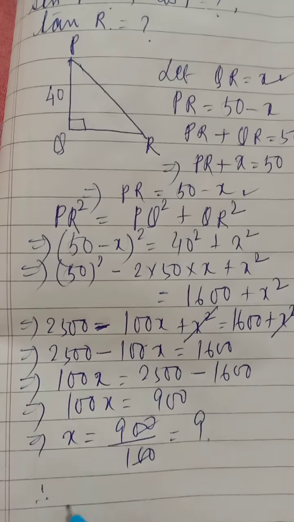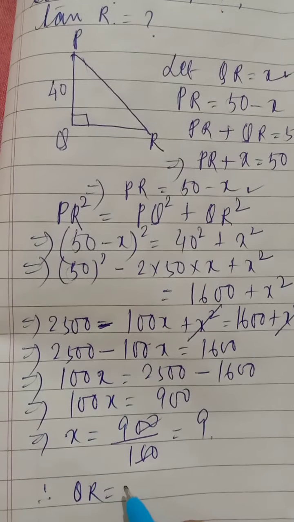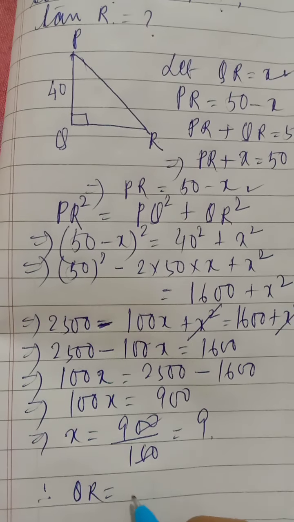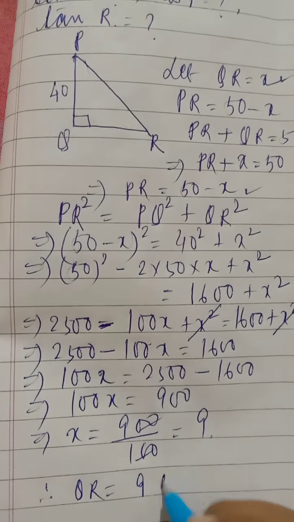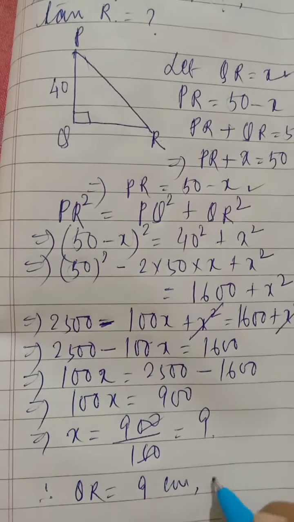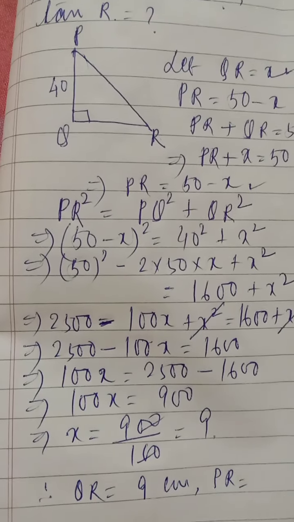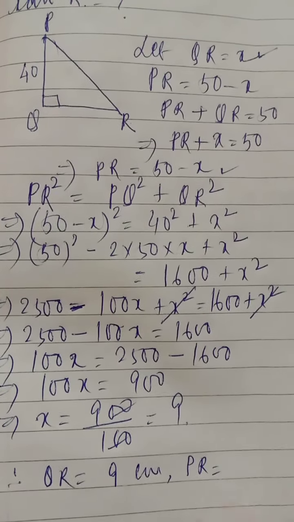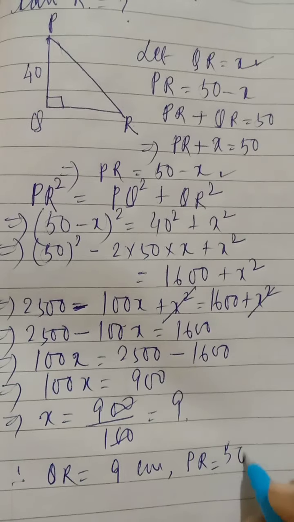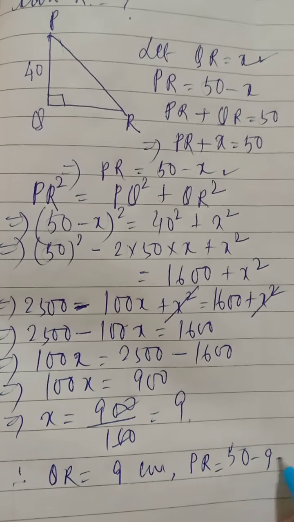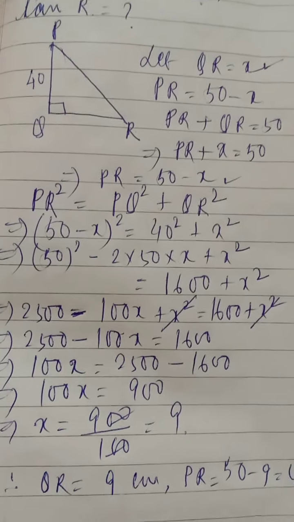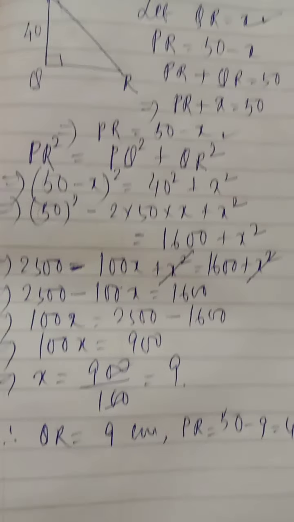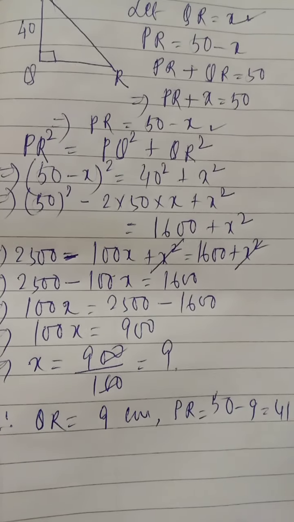Therefore QR is 9 centimeters, and PR, as the total was 50, is 50 minus 9, that is 41. It's 41 centimeters.